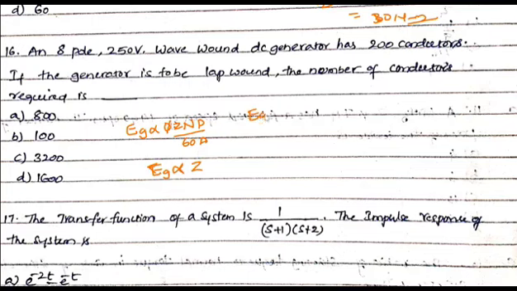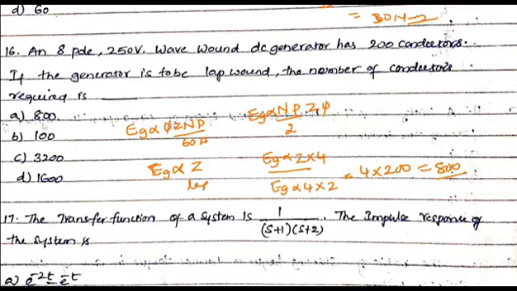But in a wave connected winding, A is 2, so P by 2 automatically, and Eg is proportional to Z. What about the number of poles here? 8, that means 8 by 2 means 4. So in the second case, Eg will be proportional to 4 times the conductors. How many conductors are there? 200. So 4 into 200 is 800 conductors required here. So answer will be A.